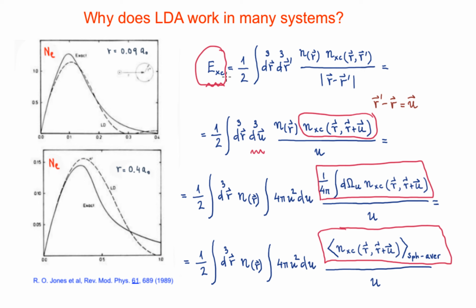And actually the exchange energy, which is an important key feature in order to have the total energy of the system, just depends on that spherical average. So we have a kind of cancellation of different parts, so that the spherical average of the exchange hole within the LDA approximation is pretty much the same as the one you have for the exact one.